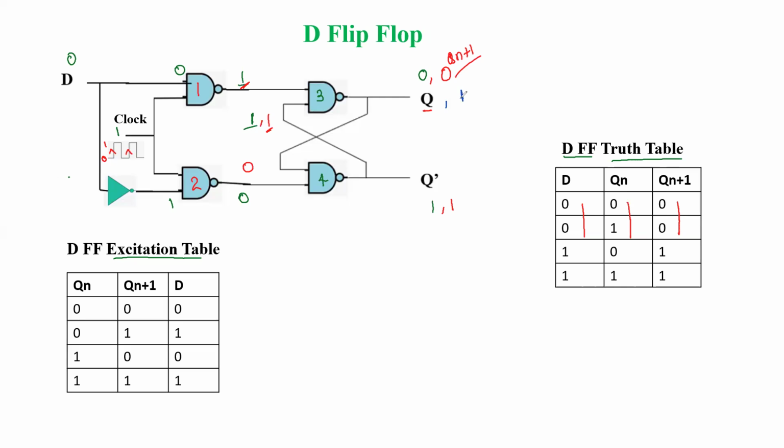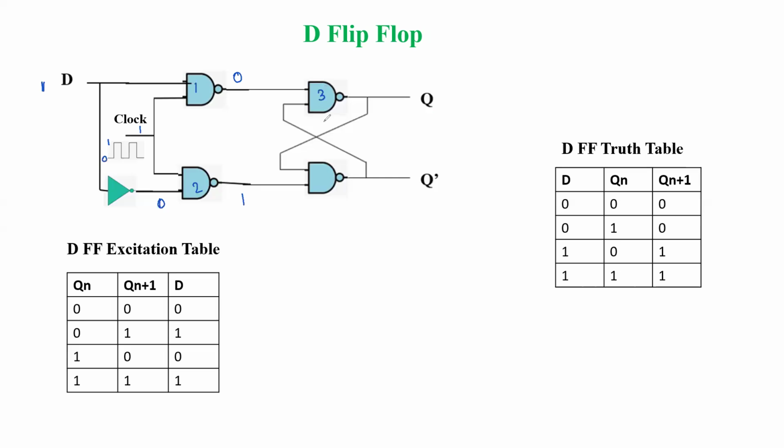Finally, for the other condition, when D is 1, the clock is already 1 since we are considering positive edge trigger, and the inverter output is going to be 0. So NAND gate 1 has both inputs as 1 and 1, so the output will be 0. NAND gate 2 has inputs 1 and 0, so the output is 1.